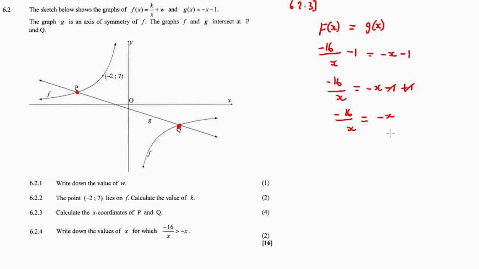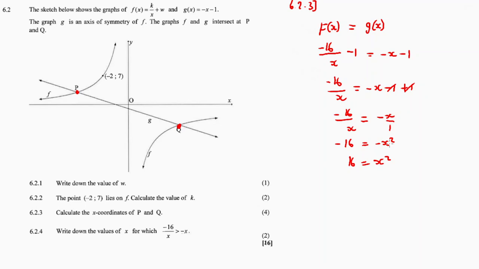Now you have to divide by 1 and cross multiply. Why? If I solve for this fraction, I need to have an equation without a fraction. So cross multiply: 1 multiplied by negative 16 is negative 16, equal to x times negative x, which is negative x squared. Divide both sides by minus 1, gives us 16 equal to x squared, right?